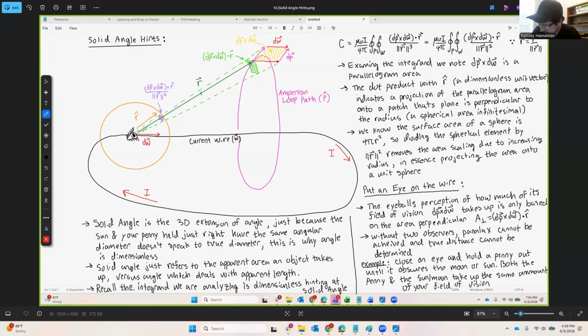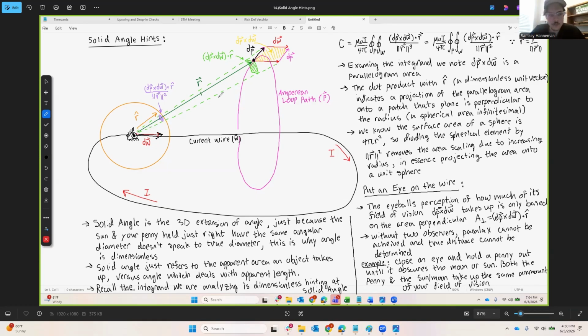So my idea now is once again, we're going to put an eyeball on the wire and we're going to imagine taking a step on the wire, dw, and looking at a specific point on the path with infinitesimal length dp.